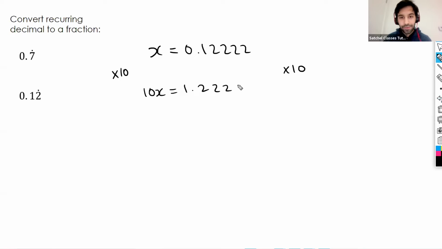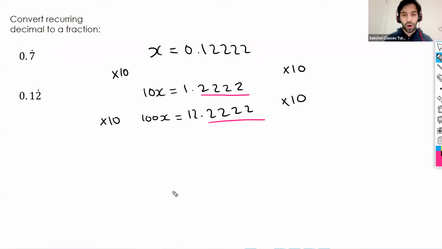What I will have to do is multiply this equation by 10 again. So 10x times 10 is going to give us 100x, and 1.2222 times 10 is going to give us 12.2222. Now notice what's happened. We have the same digits after the decimal.